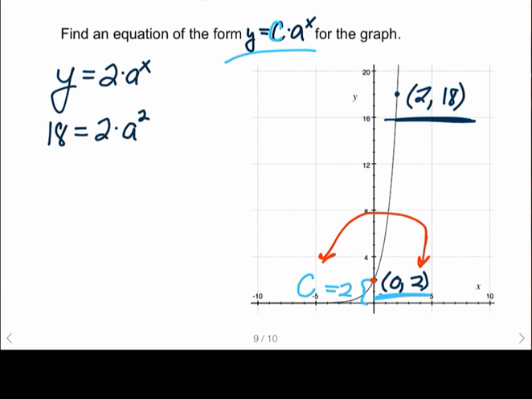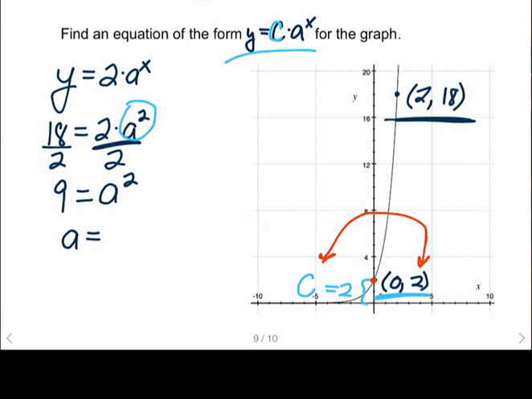What we've been glossing right past is the order of operations. That is to say, the base is a, not 2 times a. And the reason I know that is there are no parentheses around the 2a. Which means that to solve for a squared, which I need to do if I'm solving for a, I should first divide both sides of this equation by 2. I end up with 9 is equal to a squared. Usually when we square root both sides of an equation, we need to remember plus or minus, but our bases are not negative.